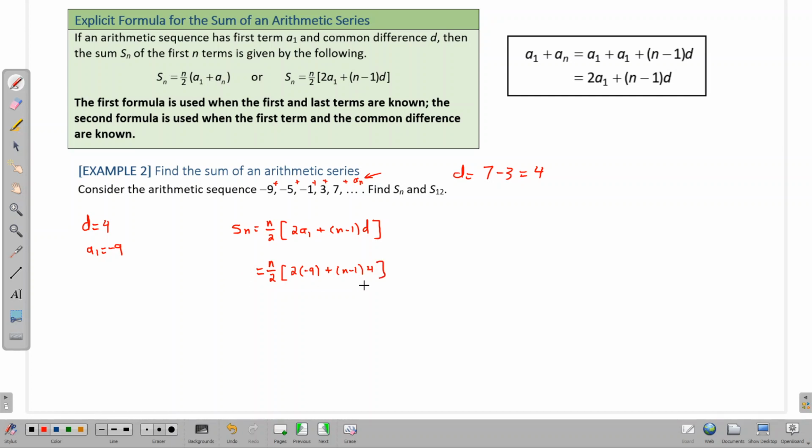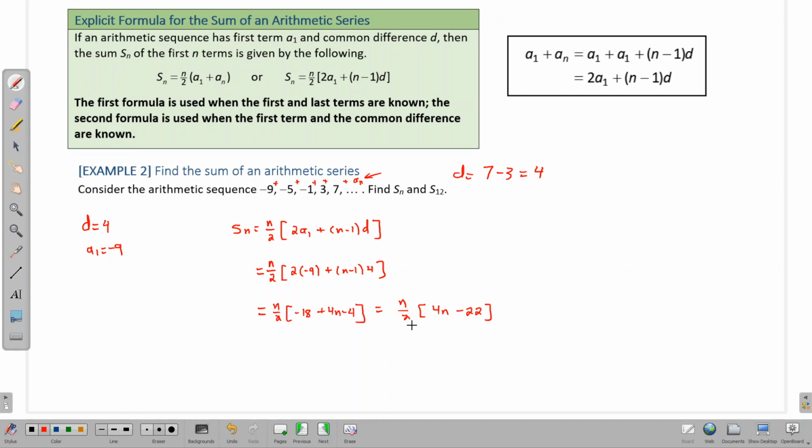And this is it. This is our explicit formula, but let's clean it up a little bit. So n over 2 times -18 plus 4n minus 4, which then if we combine the like terms inside, that's n over 2 times 4n minus 22.